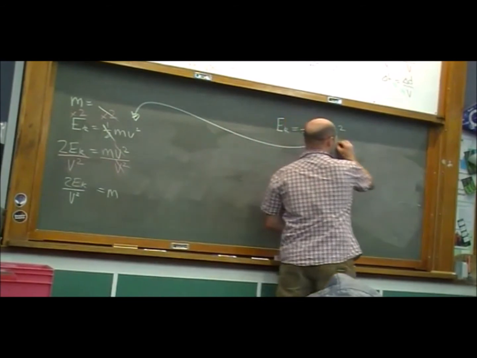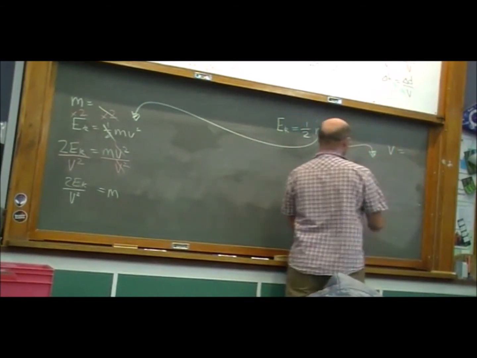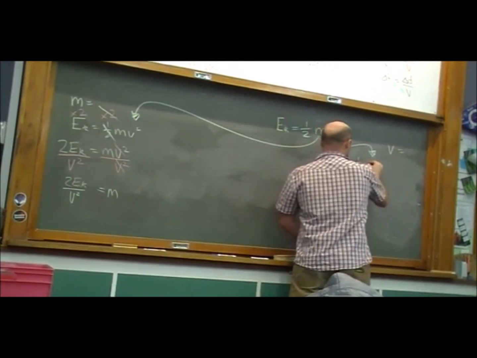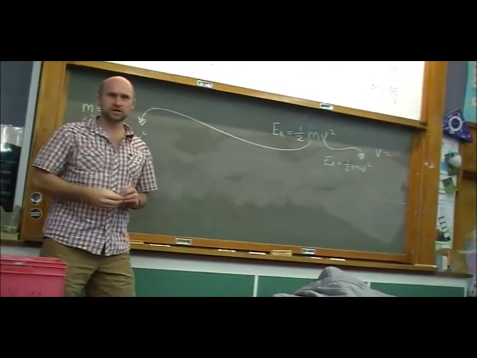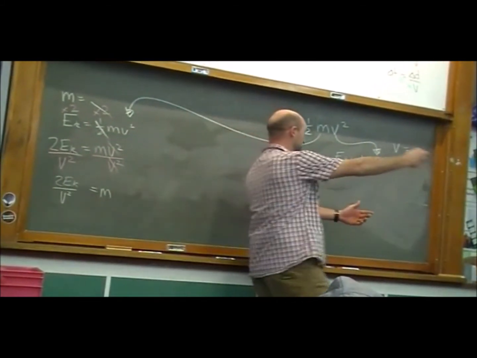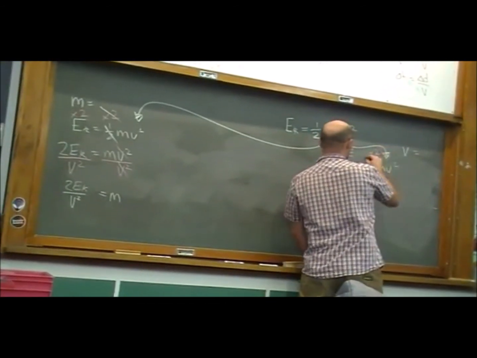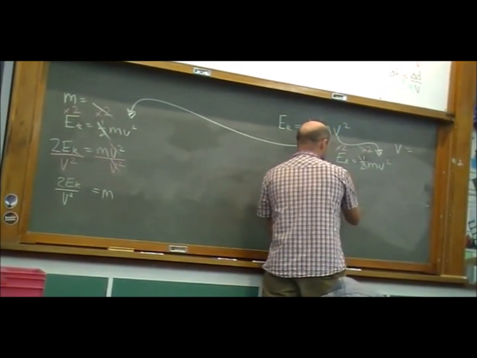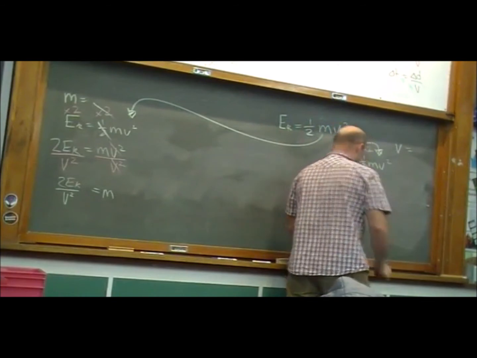Last one. How do we make it V equals? Starting with EK is half mv squared. What's the first thing we're going to get rid of? The half. We're going to get rid of it by times 2. Cancel. So 2 EK is mv squared. What are we going to do next?